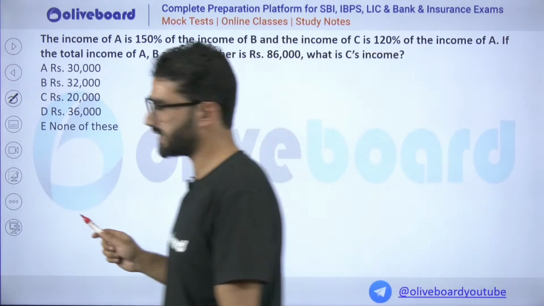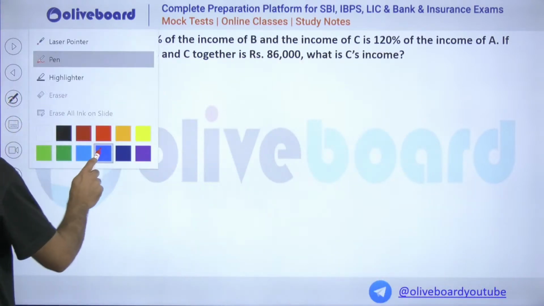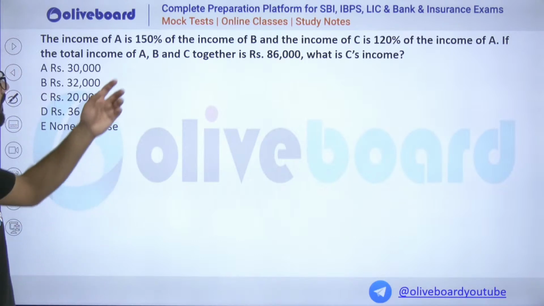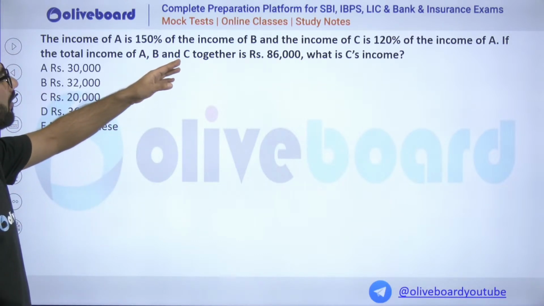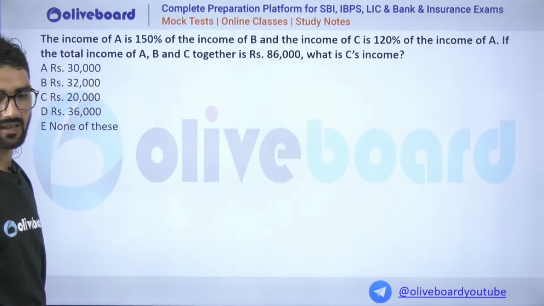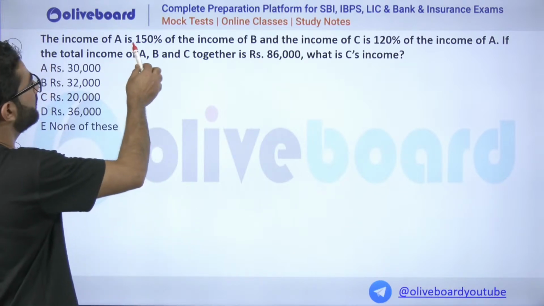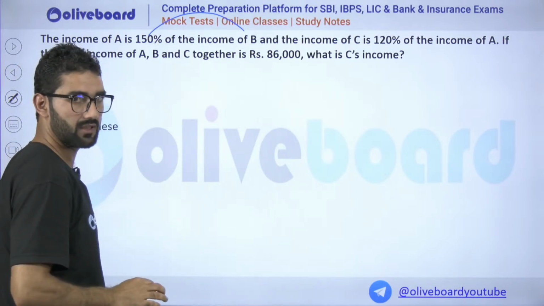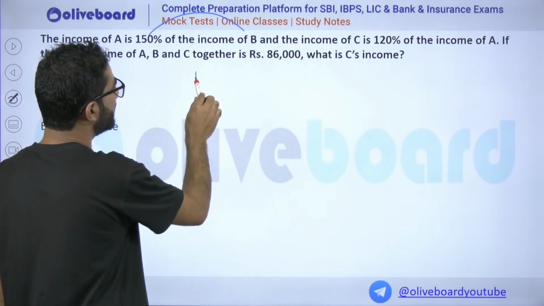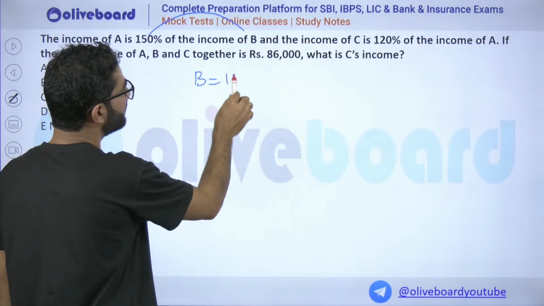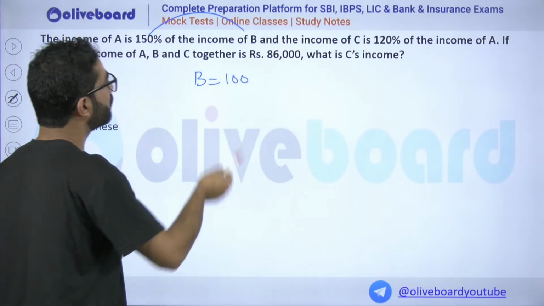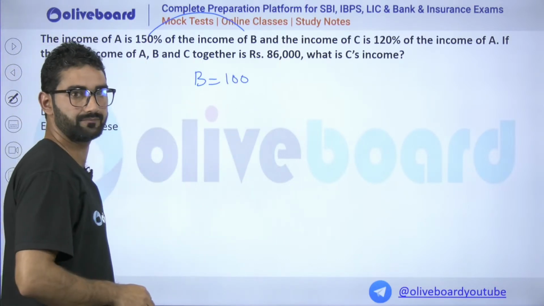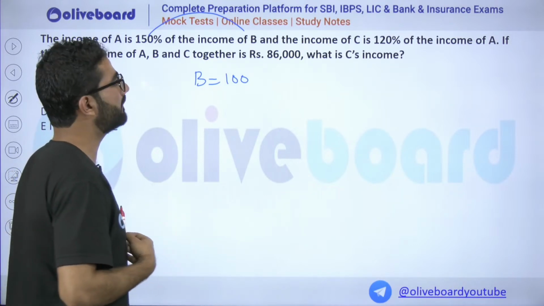Now, see the question, how to tackle this. If income of A is 150% of the income of B, sometimes it is better if I take the value of income of B as 100. What could be the income of A? It will be 150.